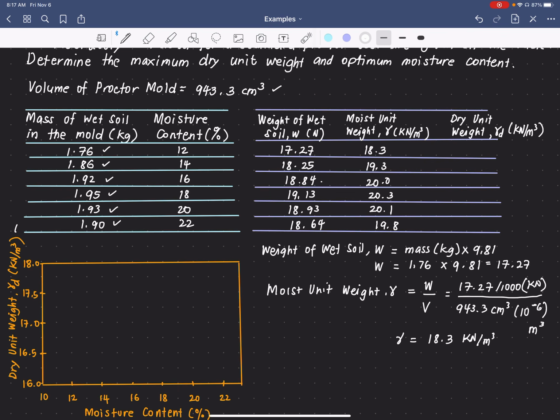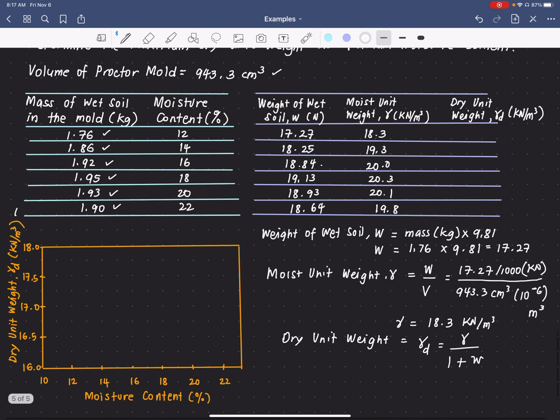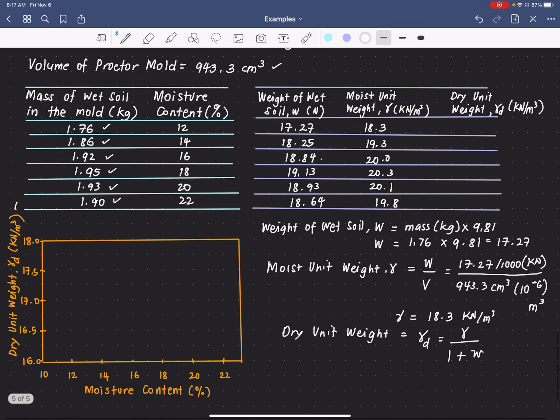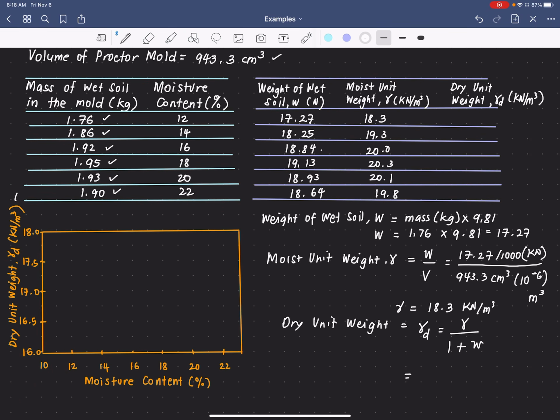To get the value of the dry unit weight, we have a relation that is gamma dry is equal to the moist unit weight divided by 1 plus w. And let's have the first trial again.